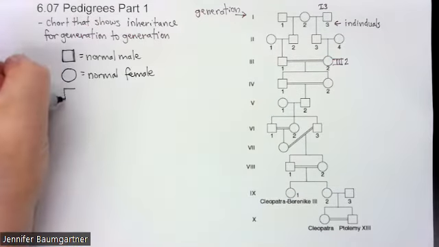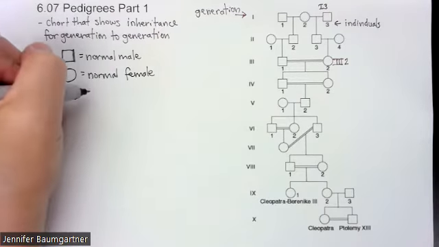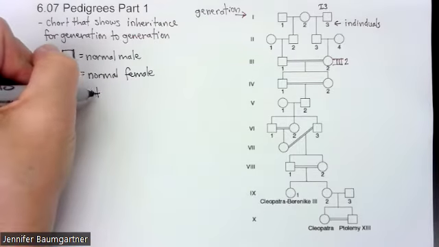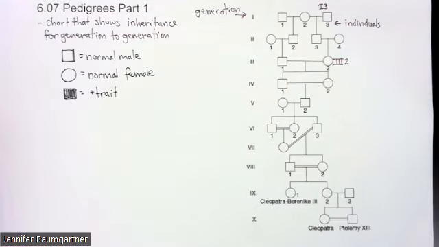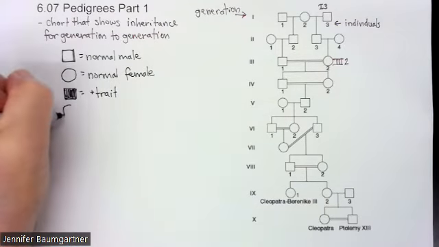A filled in box is a male that is positive for a trait, and a filled in circle would be the same, except in this case, it's a female.